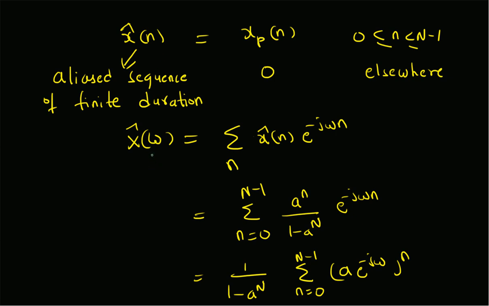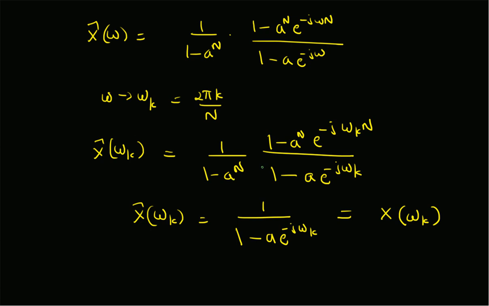The Fourier transform x hat of omega is equal to 1 by 1 minus a power N, times 1 minus a power capital N into e power minus j omega capital N, by 1 minus a into e power minus j omega. So that is the Fourier transform of the discrete sequence x hat of n.